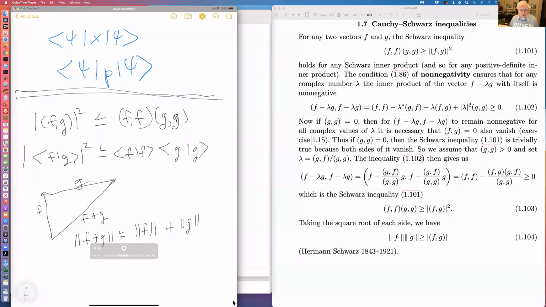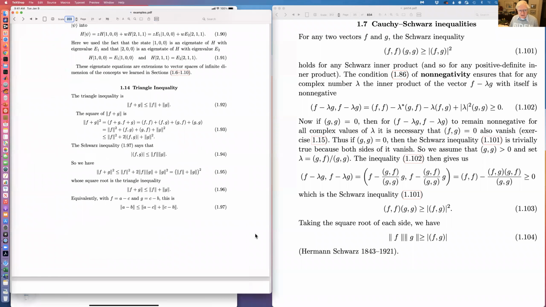I thought I'd go through the proof of that because it relies upon the Cauchy-Schwarz inequality. So what you do is you take this triangle inequality and you take the square of it. The squared norm is just the inner product of f plus g with itself.